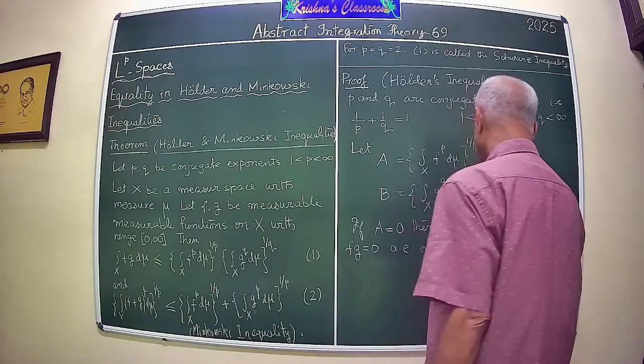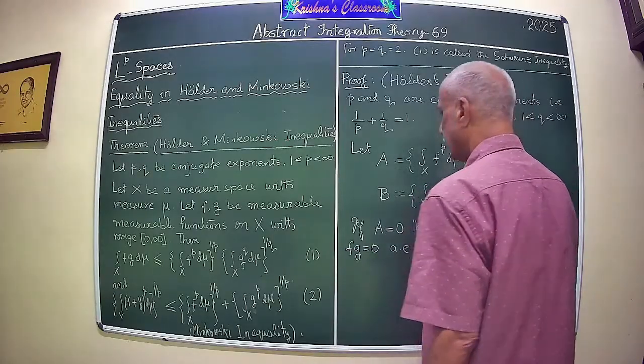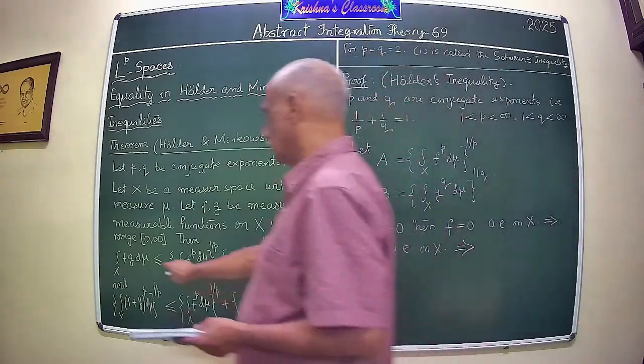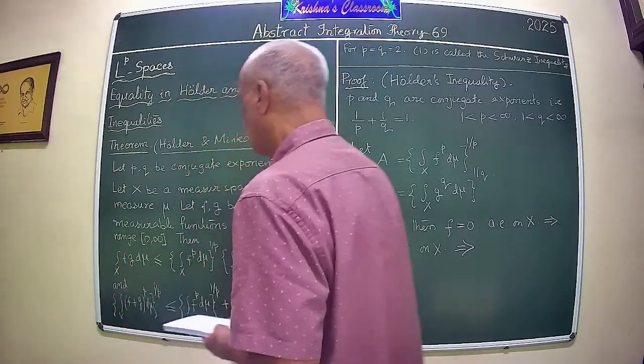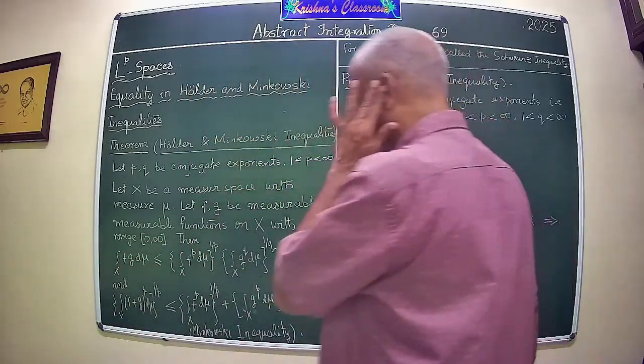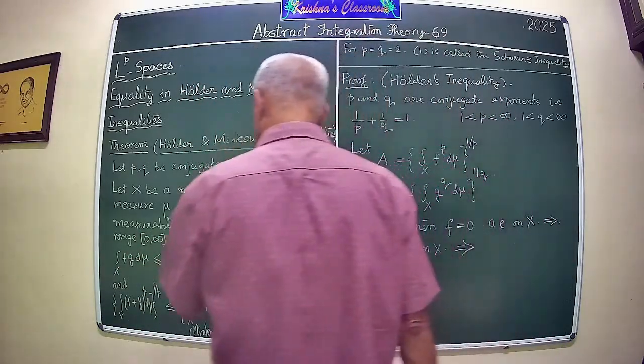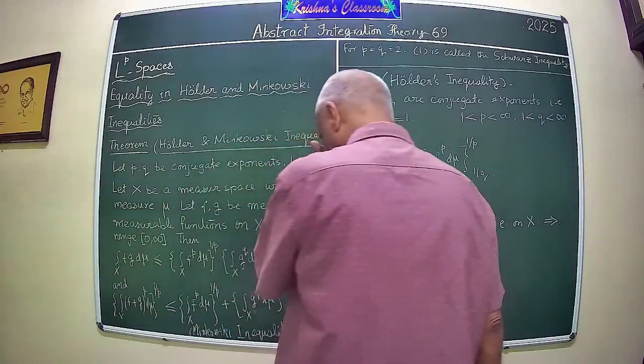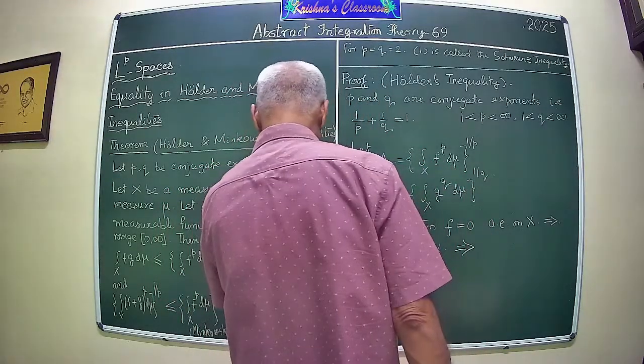Consequently, the left hand side of the integral becomes 0, which is less than or equal to the right side, and that proves 1.